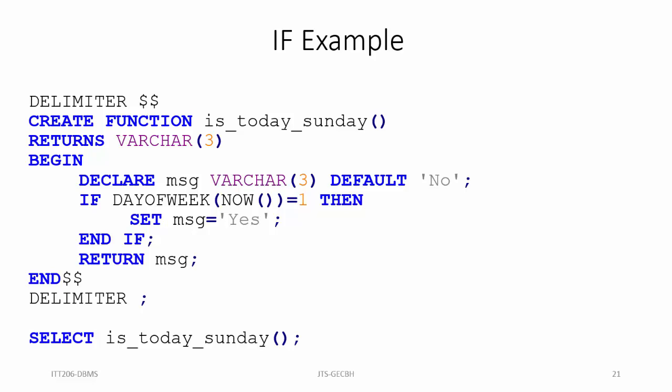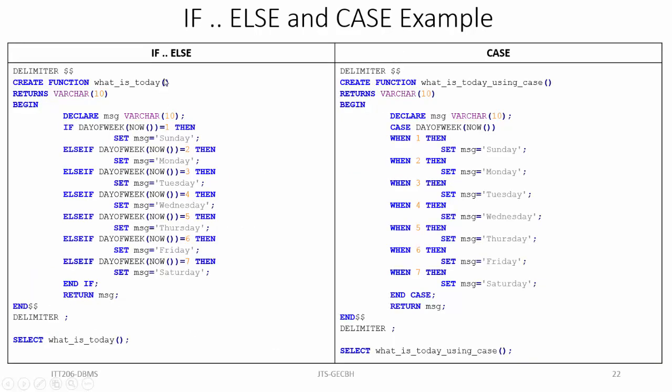Now we will see an example of the if else if ladder and also case. This is just an extended version of the function that we have seen earlier. Here we have create function what_is_today, and when we execute this function, it will return the day corresponding to the day that we are having now. We check if dayofweek of now is equal to 1, then set message equal to Sunday, and then we use elseif.